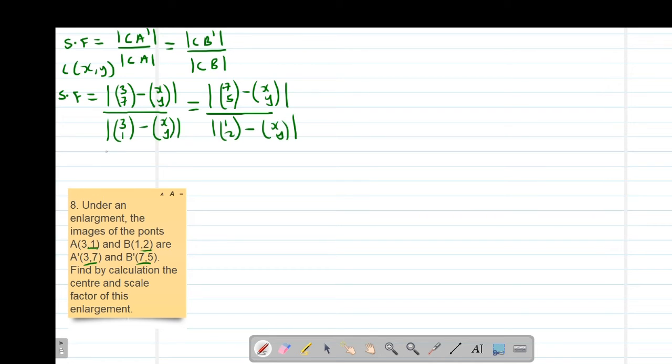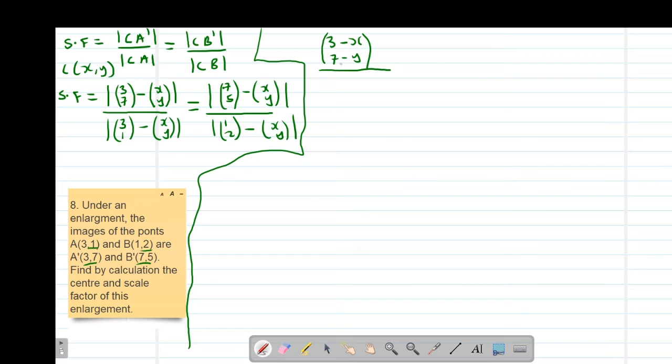So this one simply means that I'm going to take this. Let me create some working space here. I'm going to take 3, then of course minus x. Let me write it here. So this will be 3 minus x, that is this part, then of course 7 minus y, under brackets, then divided by, remember I'm dropping the magnitude because the magnitude can cancel out, since they are both on the numerator and the denominator.